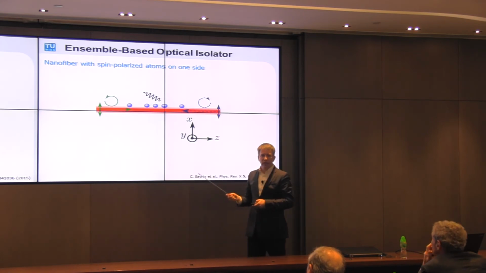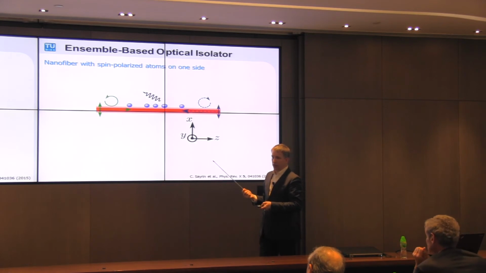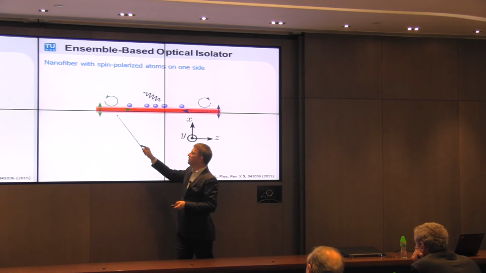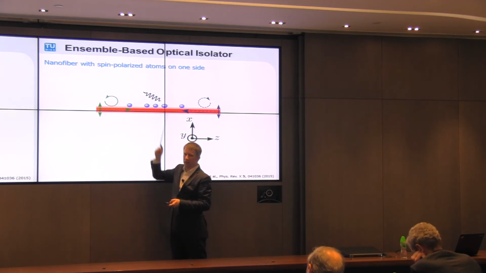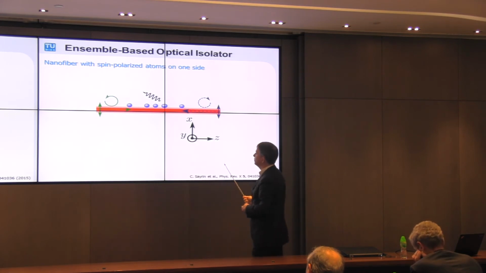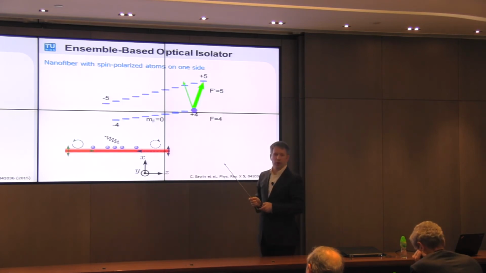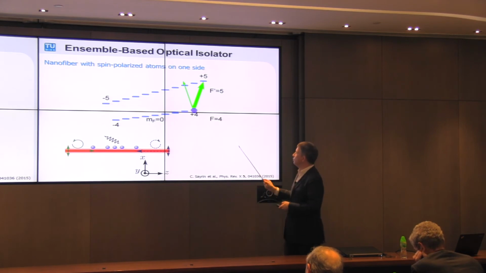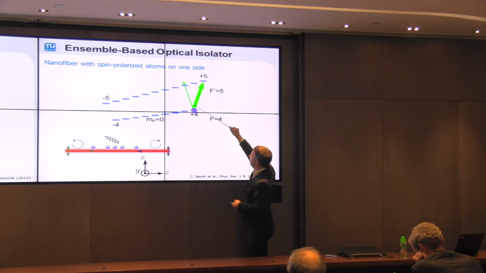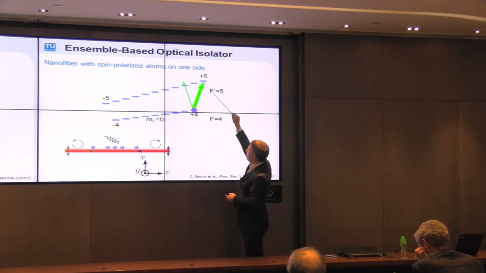So what I need in order to realize an isolator are scatterers that couple to this light field, which couple differently to clockwise and counterclockwise light. It turns out that, for example, spin-polarized cesium atoms do this job. If you spin polarize cesium atoms, meaning that you prepare them in the outermost Zeeman ground state with maximum projection of the spin, then the transition for sigma plus polarized light can be resonant.